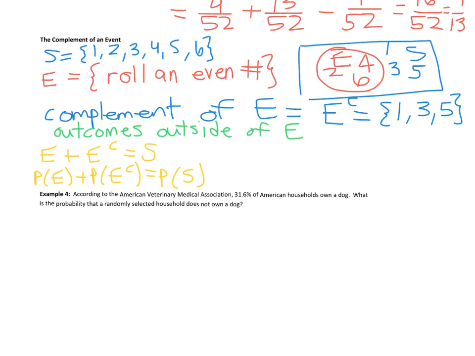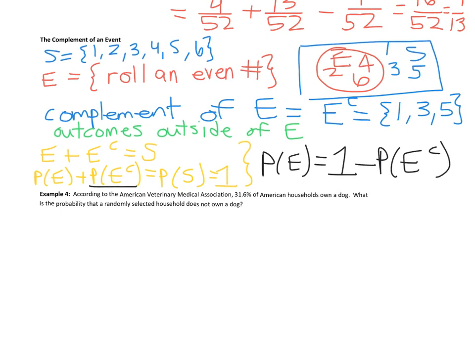Well, what is that probability? It's 1. So this is our rule. This is why this is important. The probability of an event, let's do a little bit of algebraic manipulation. We're just going to subtract the probability of the complement from both sides, and we're going to get 1 minus the probability of its complement.